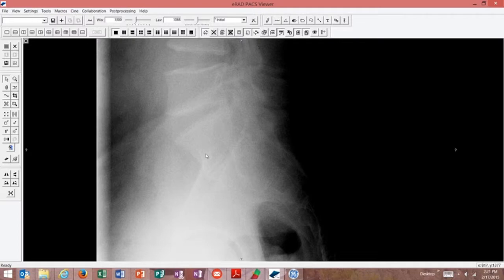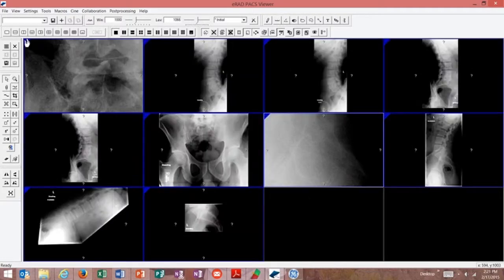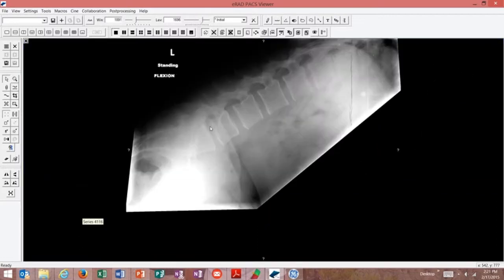So some suspicion for perhaps a lumbosacral transitional vertebra. So that's going to make our analysis of motion segment integrity interesting. So let's begin with that right now.